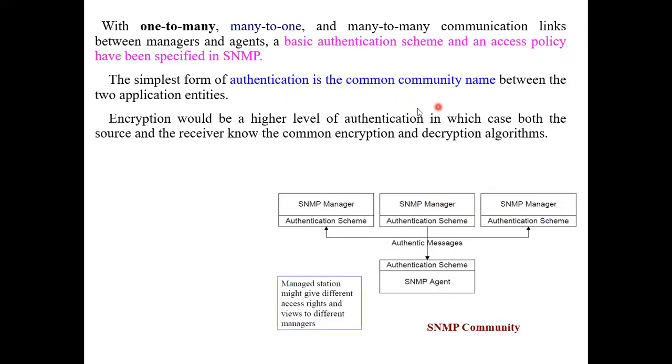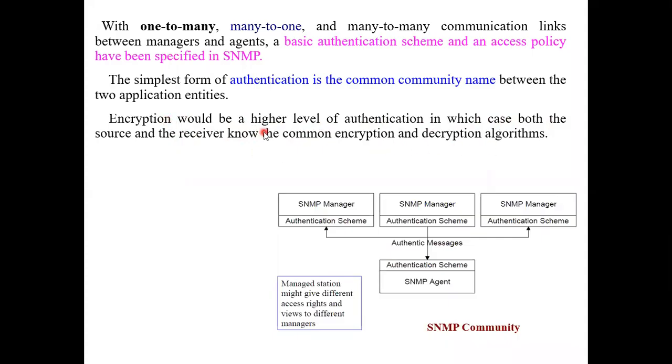So by bringing the manager and agent into a common community, we will give them a community name. I will show you one diagram; it will be easier for you to understand this. By bringing the manager and agent into a common community, I can say that now they can interact with each other. Now, encryption would be a higher level of authentication, in which case both the source and the receiver know the common encryption and decryption algorithm.